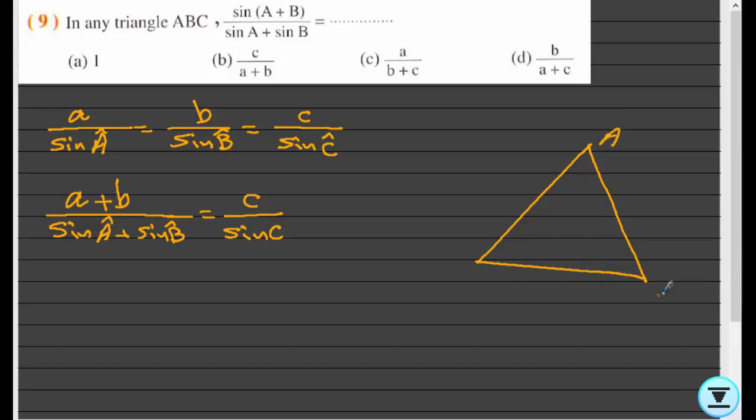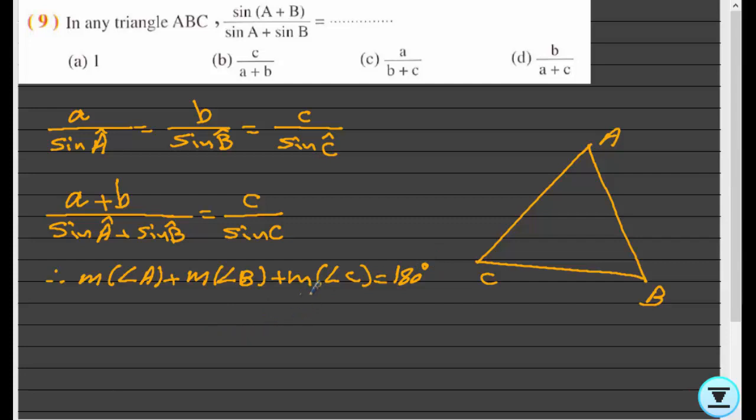We have A, B, C. The sum of the three angles of this triangle is 180, so you can say that measure of angle A plus measure of angle B plus measure of angle C equals 180 degrees.